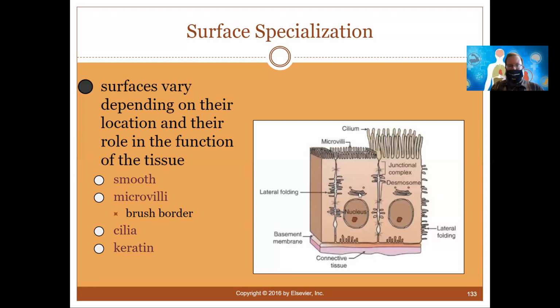And again, for surface specialization, we could say ciliated stratified squamous tissue, or keratinized stratified squamous. So we can use even more terminology to describe epithelium. Is it ciliated? Does it have cilia on the surface? Is it keratinized?